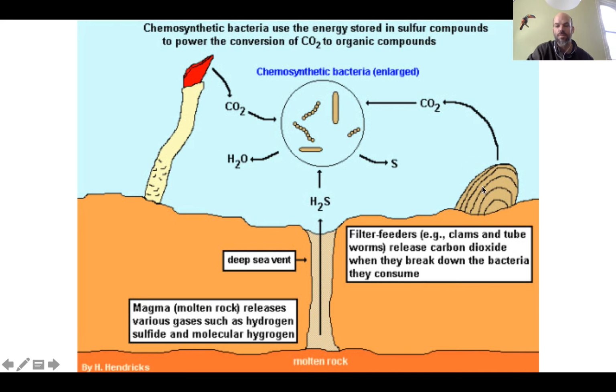Works in a similar but slightly different way in the clams as in the worms. The bacteria are fixing the carbon dioxide into food for the animals, and powering that carbon fixation by the oxidation of hydrogen sulfide that is coming out of the deep sea vents. So it's a whole animal-rich ecosystem powered by chemoautotrophic bacteria using hydrogen sulfide to fix carbon dioxide.